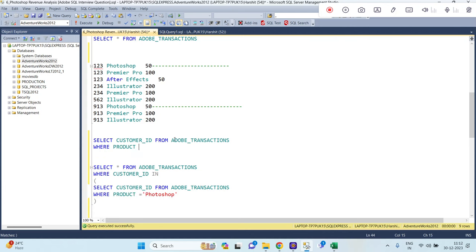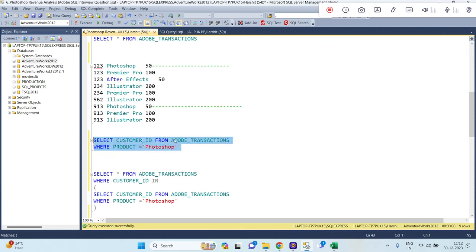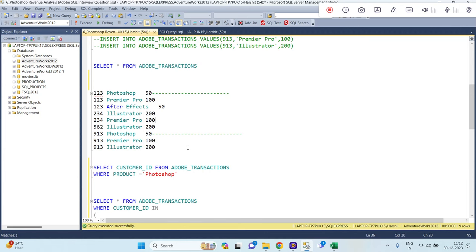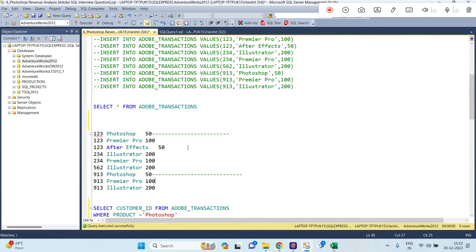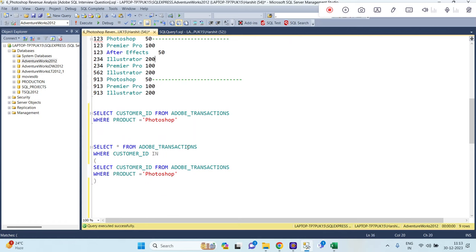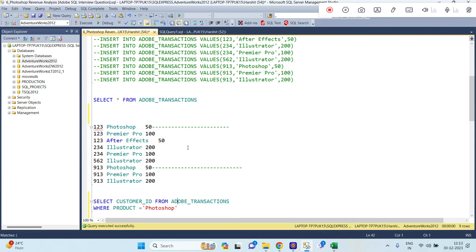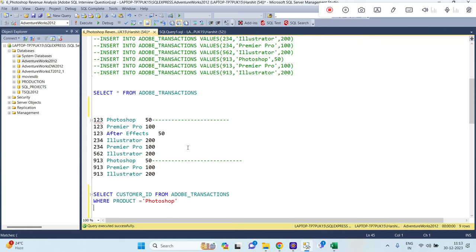Where product is equal to. Okay, now in this query, what do I have to do ahead?